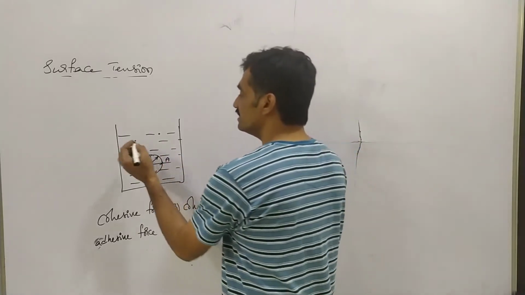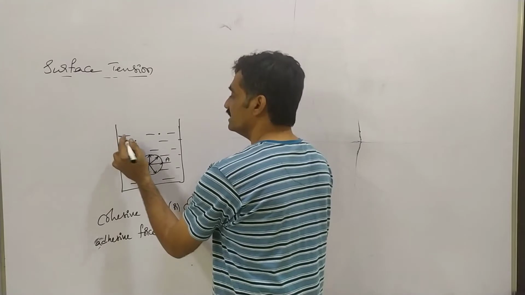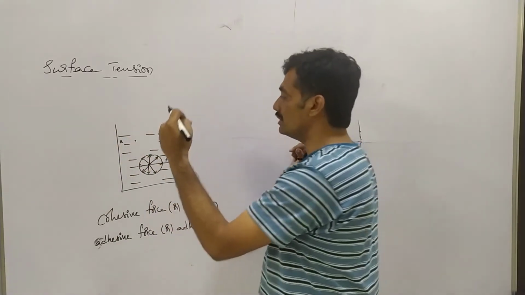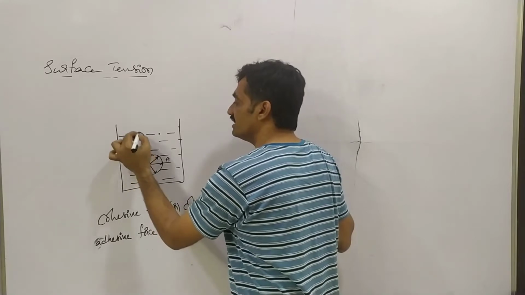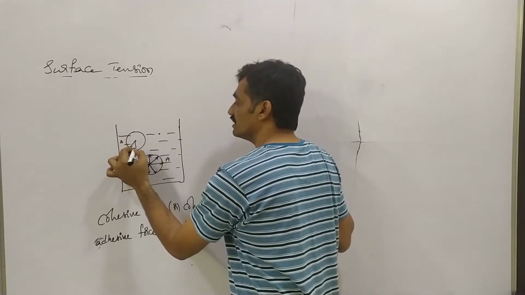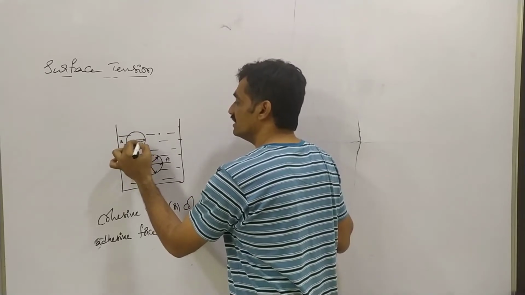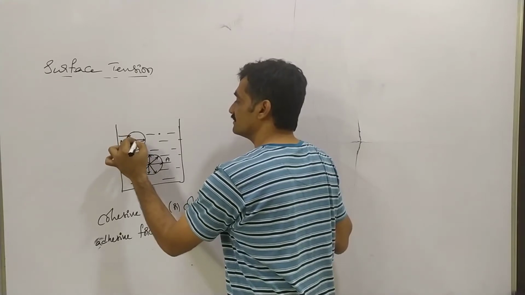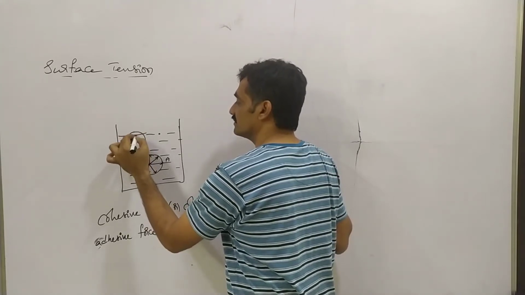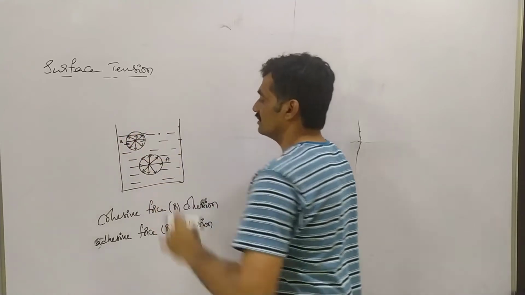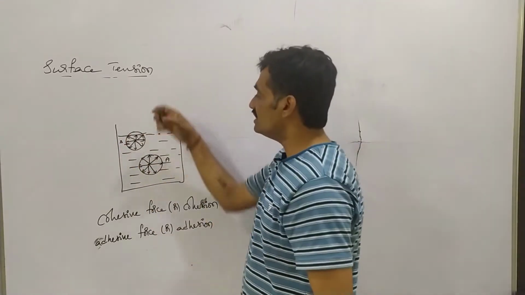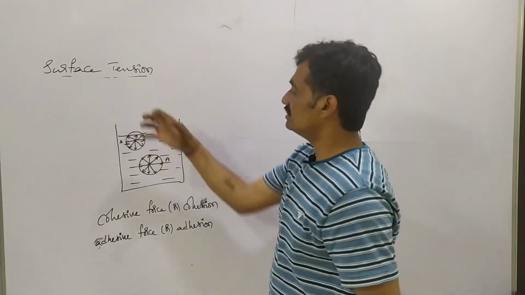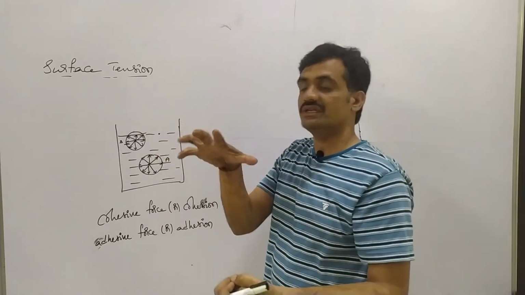Whereas when we consider molecule B, since it is somewhat lower within the liquid, it experiences a force of attraction in the downward direction. Some of the force of attraction is due to air, so it will be dragged into the liquid.